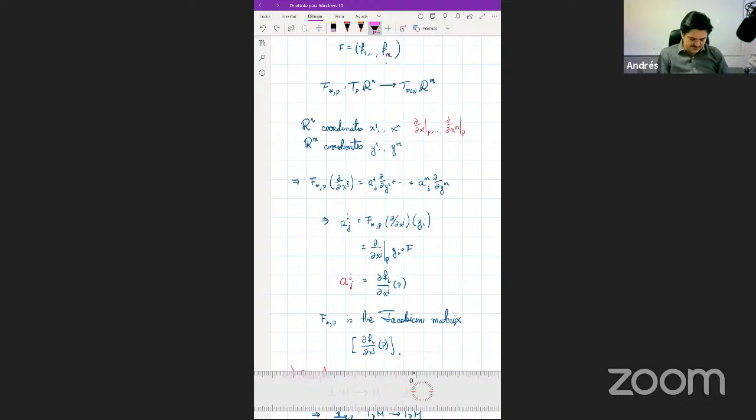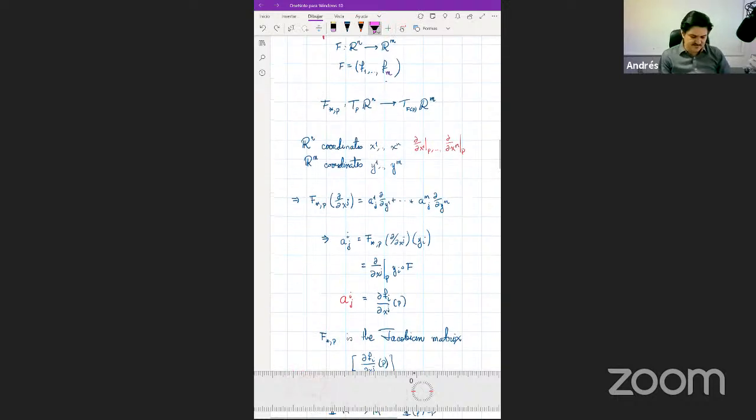Now, just to finish up with this example, this is F. So the Jacobian is a matrix of what type?